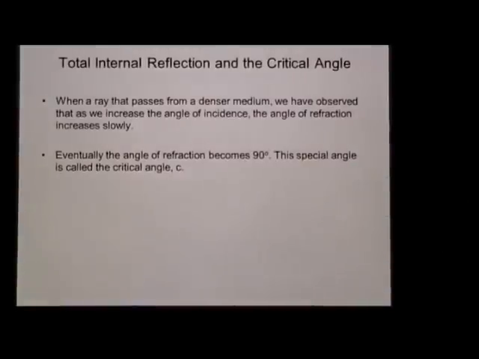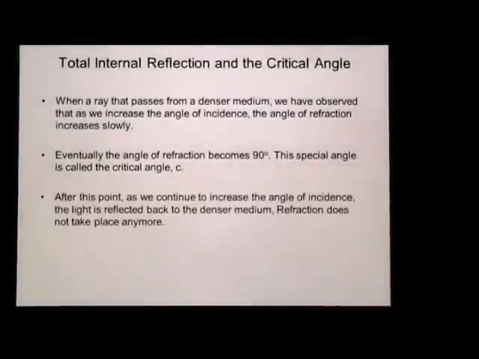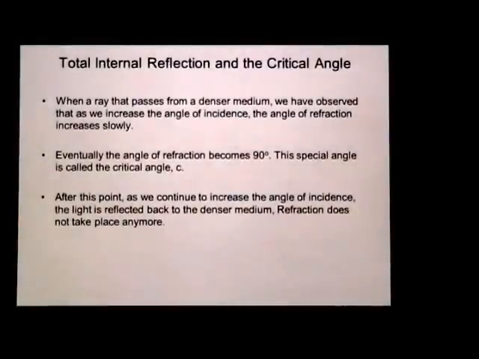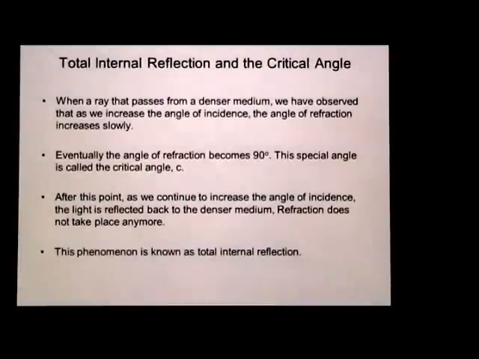This special angle of incidence, we call it the critical angle C. As we continue to increase the angle of incidence, the light will be reflected back into the denser medium, and refraction does not occur anymore. This phenomenon we term as total internal reflection.